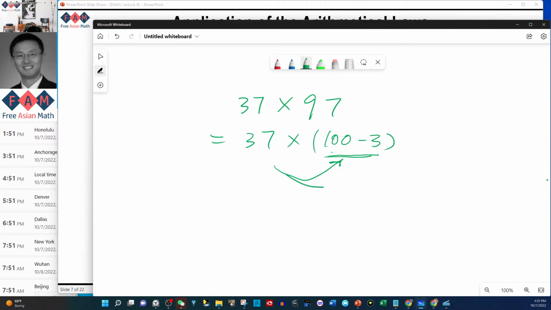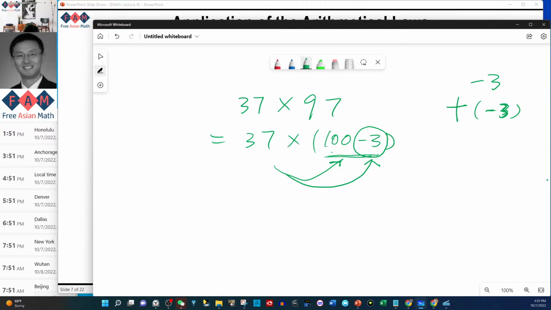So the distributive law actually still works in this case, even with a subtraction part in the expression, because later you will know minus 3, subtracting 3 is really just adding negation of 3, negative 3. So adding negative 3 is exactly the same thing as subtracting 3.